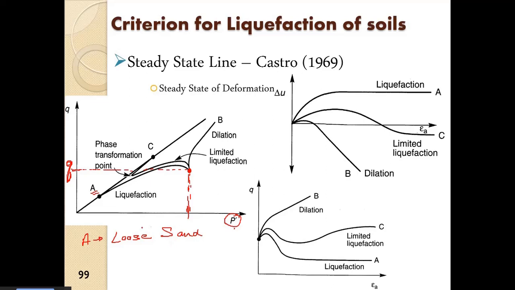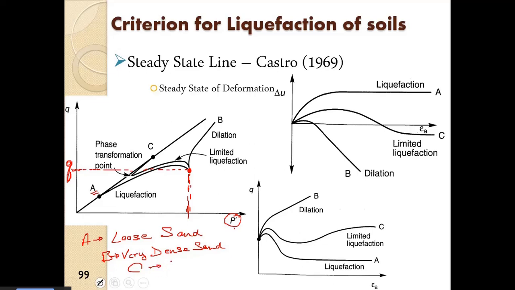Sample B is a very dense sand. And sample C lies very close to the critical void ratio line, but it is below the critical void ratio line.